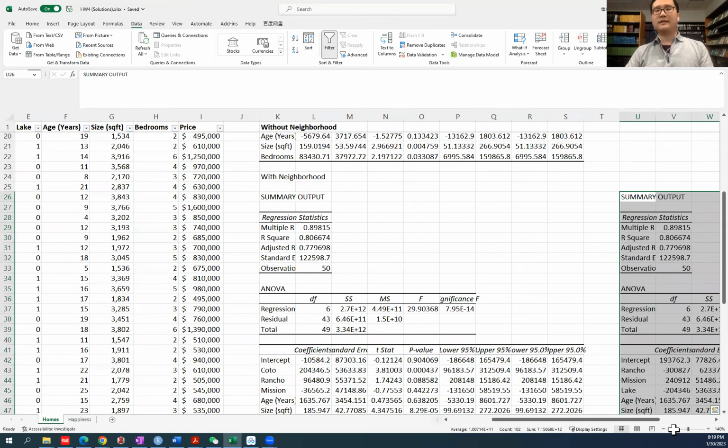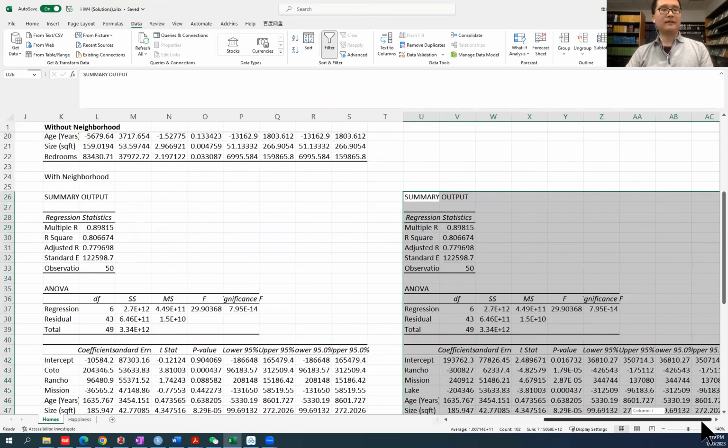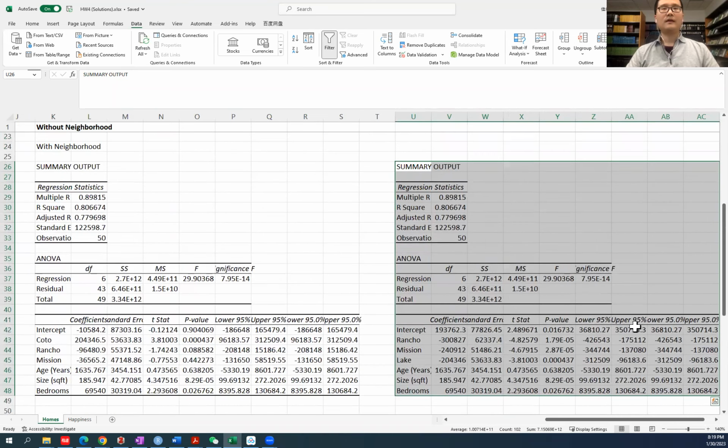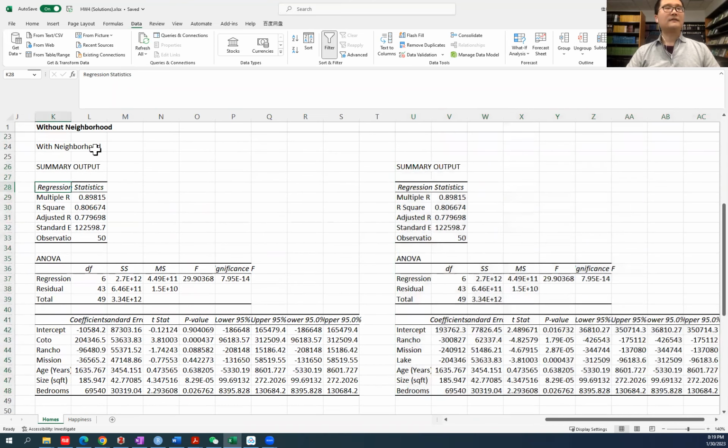Let's put these two models side by side to compare the difference. Notice that on the left, Lake Forest was the reference group. On the right, Coco de Casa was the reference group. Multiple R from left to right is exactly equal, and so is R squared. Also the same adjusted R squared, same standard error, same observations.